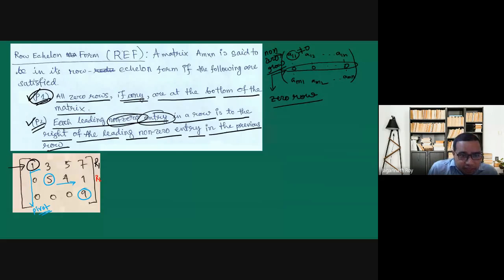Suppose in place of here it is 0 and this was 5. In such a case it would not have been a row echelon form. Okay, so let us see another example.